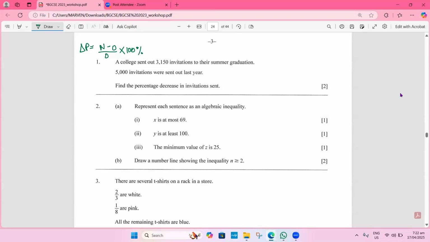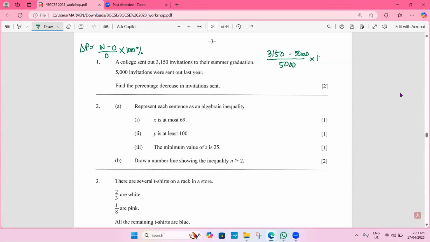So here, if we want to know the percentage decrease in the number of invitations, we're going to subtract: the new, 3,150, minus 5,000, divided by 5,000.